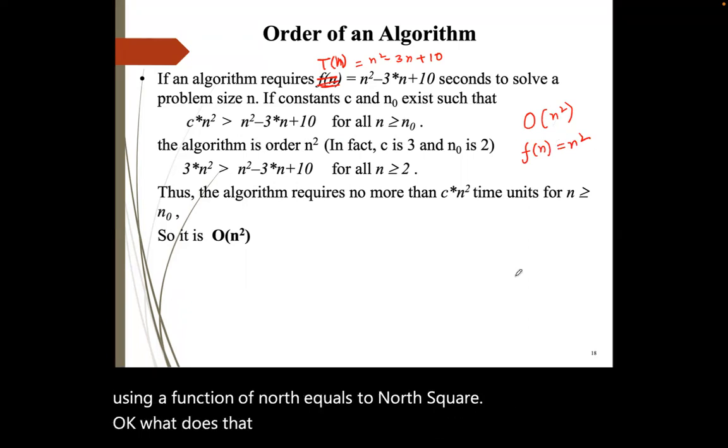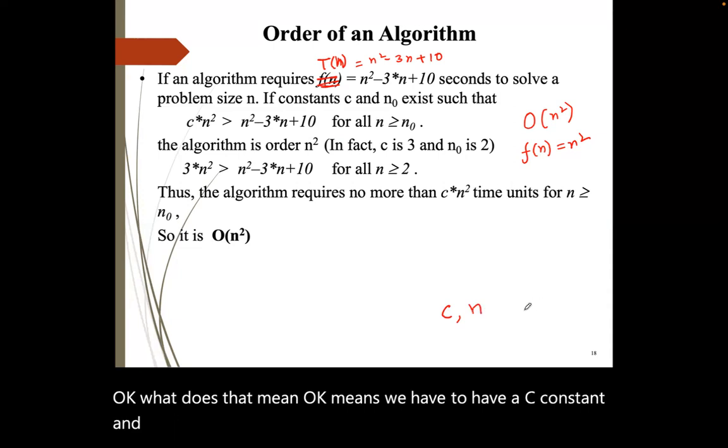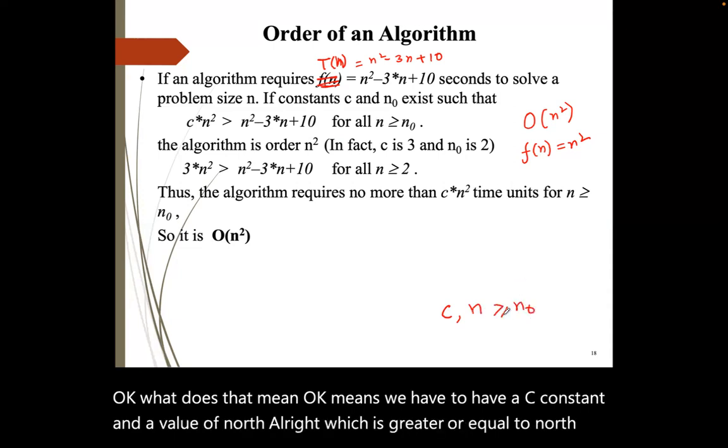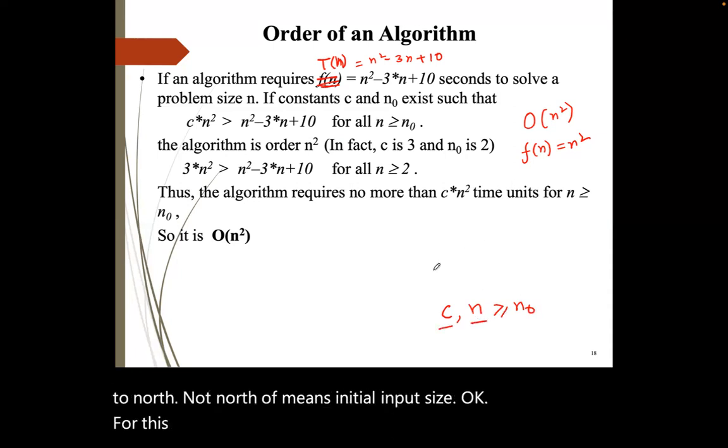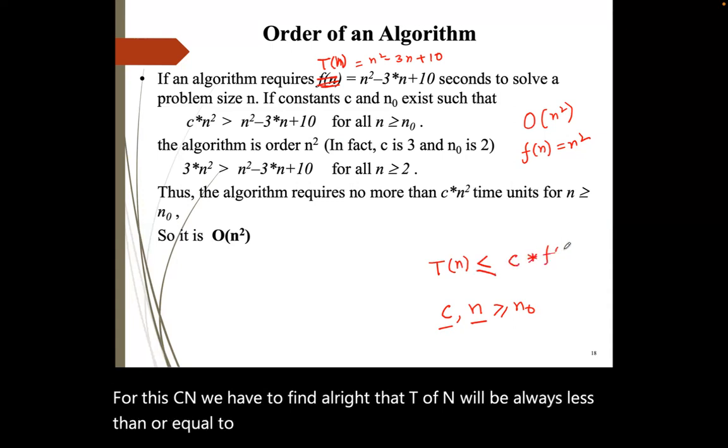It means we have to have a constant c and a value of n greater than or equal to n naught, where n naught means initial input size, for which T of n will always be less than or equal to c times f of n.